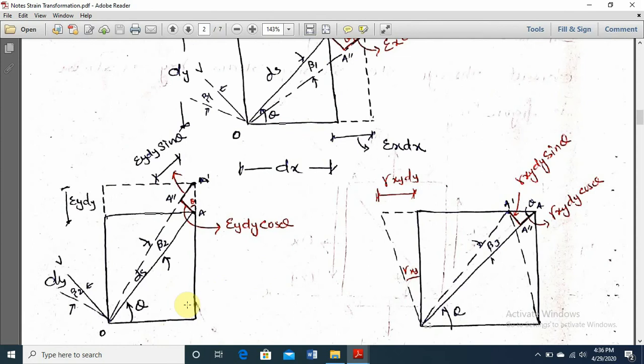Similarly, when a stress is applied in y direction, it will try to elongate the element in y direction, and a change in length ey dy will be produced. Similarly, when shear strain gamma xy acts, this will distort the element in this direction. A change in length is equal to gamma xy into dy.